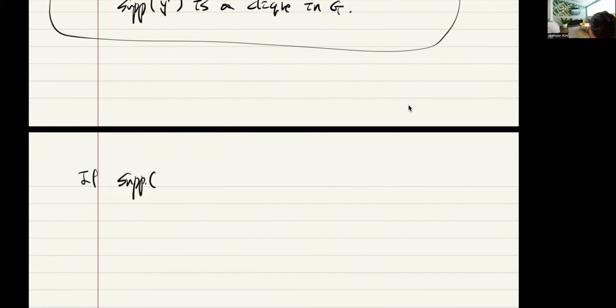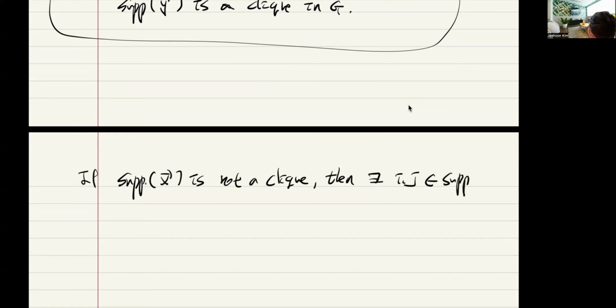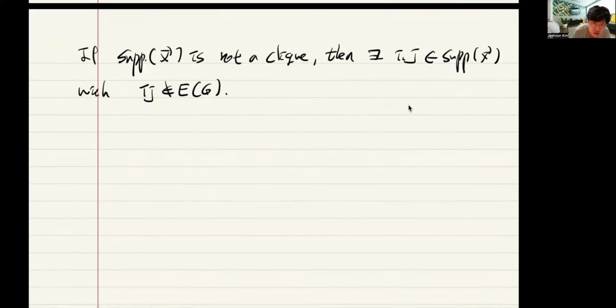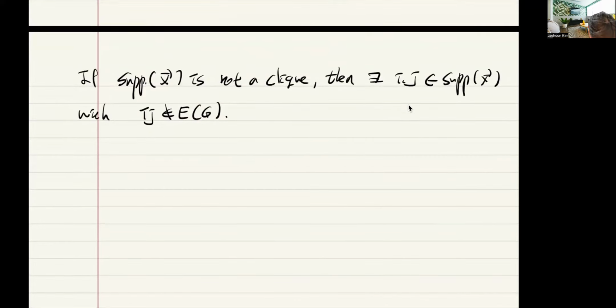If the support of x is not a clique, then there exist i and j in the support of x with ij not an edge. Now you can write down this quadratic form.